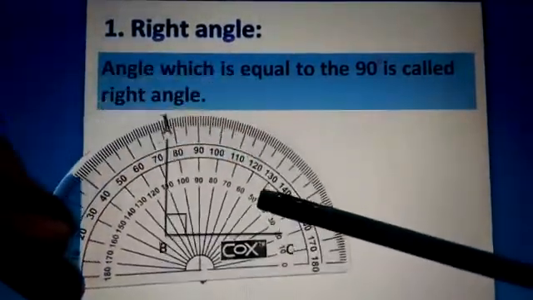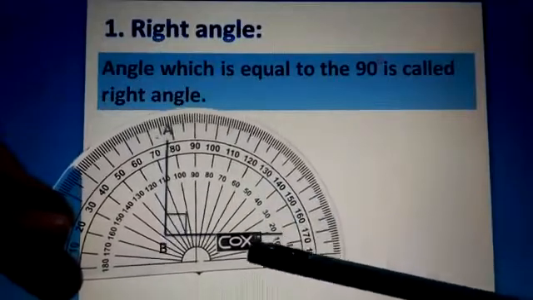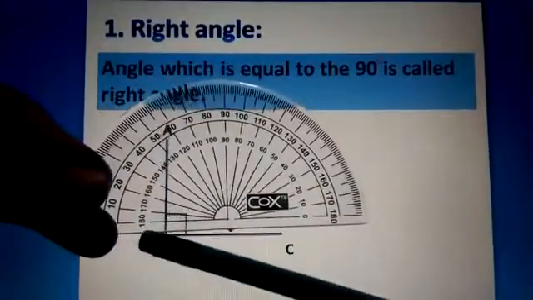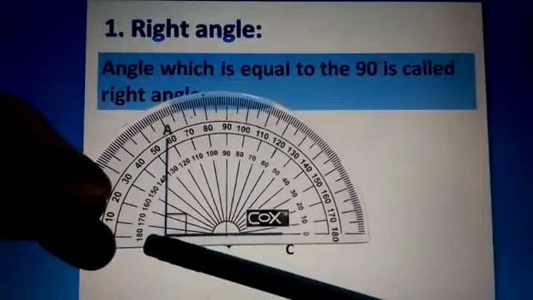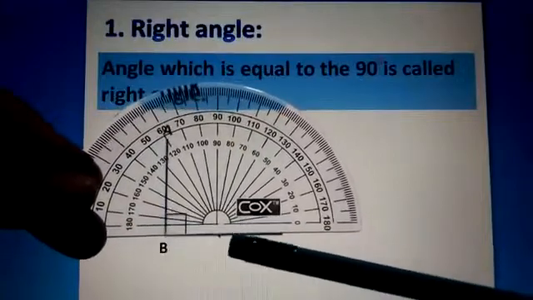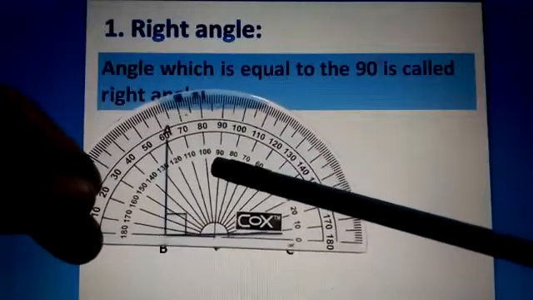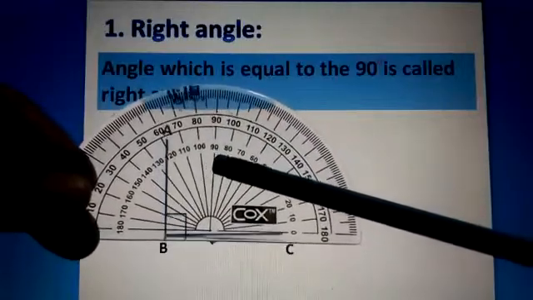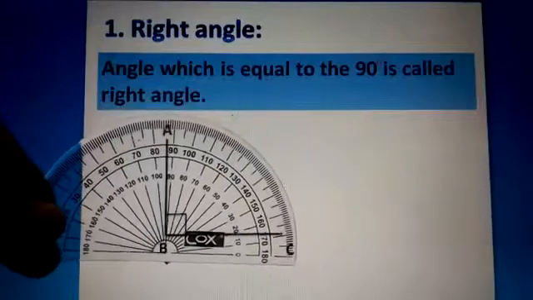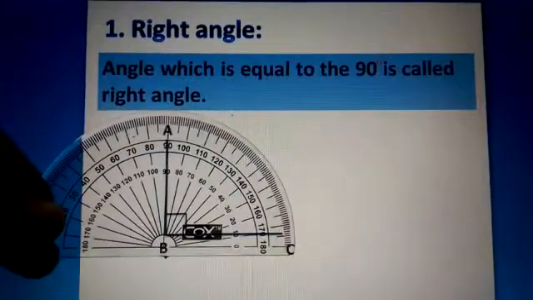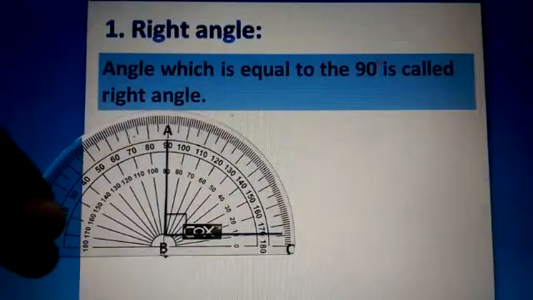This is called a protractor, which has angles from 0 to 180. Done class? And you can see at the center it is a 90 degree angle. So an angle which is equal to 90 degrees is called a right angle.